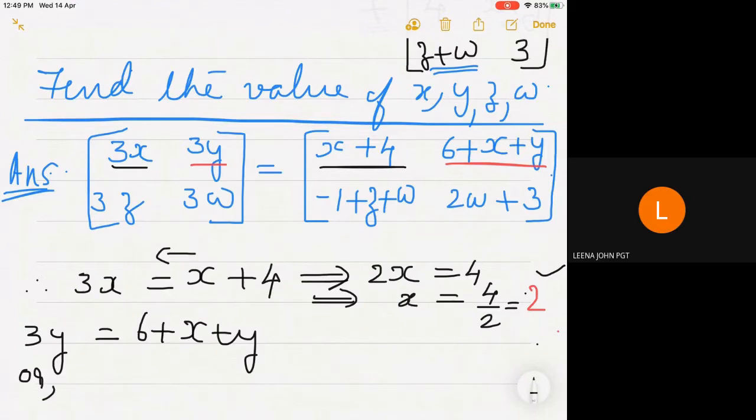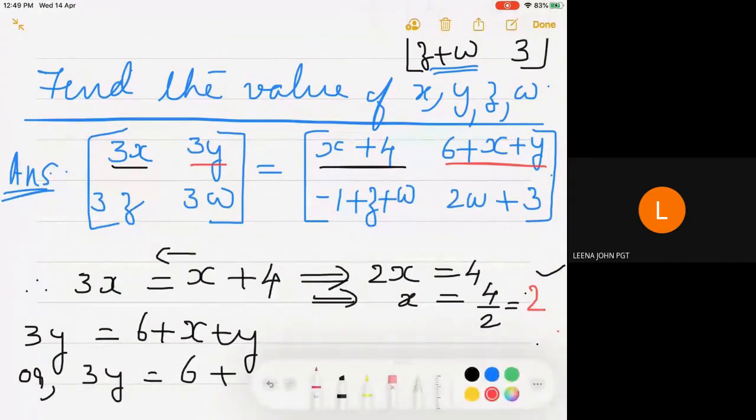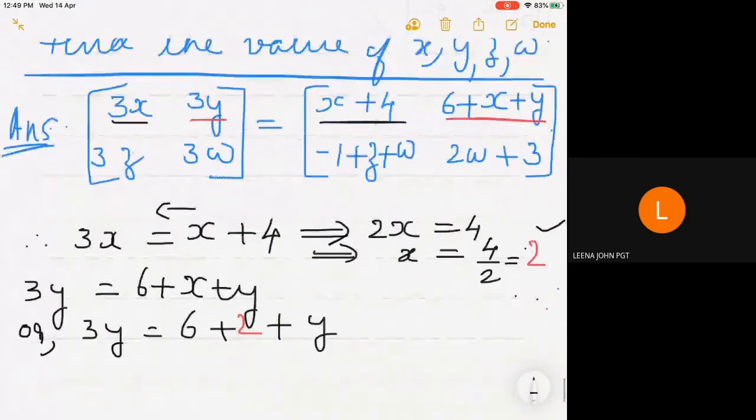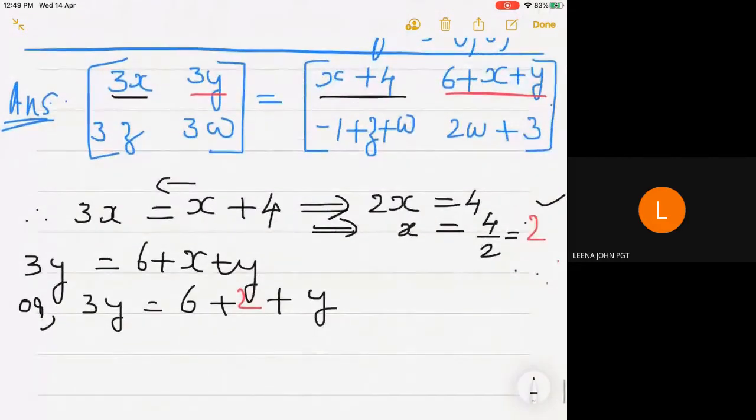What you get, 3y equal to 6 plus this x value we have already written as 2, so x is replaced by 2, then plus y, and now we have an equation only in y, so it is easy to find y.